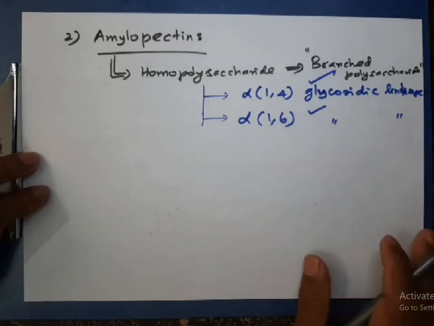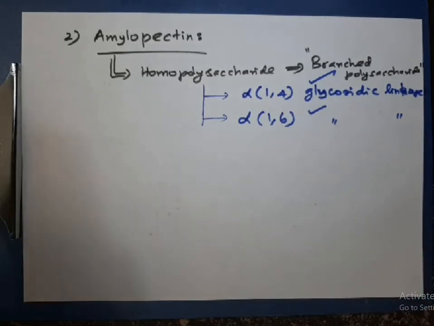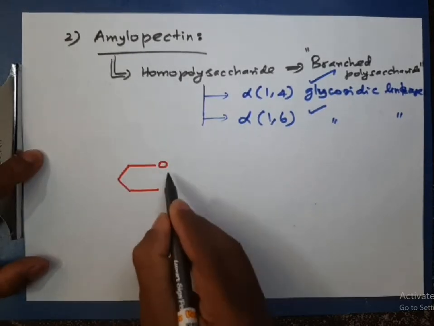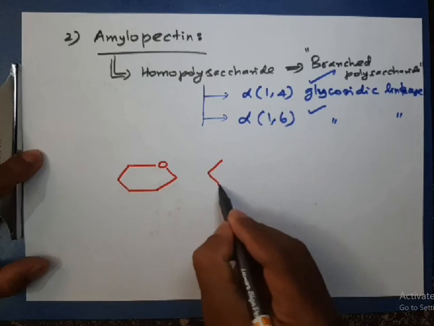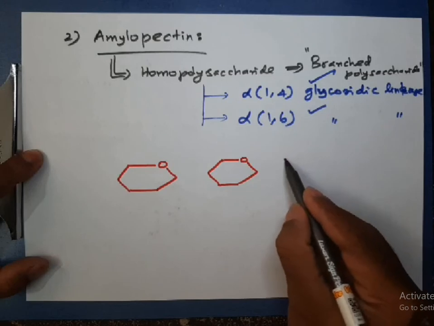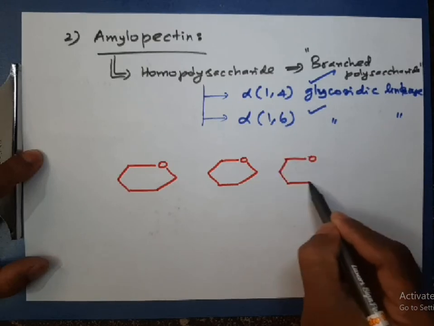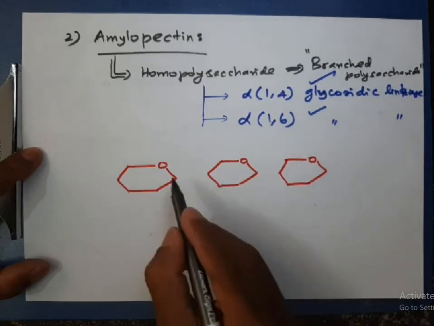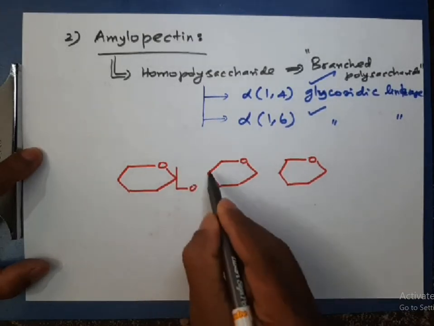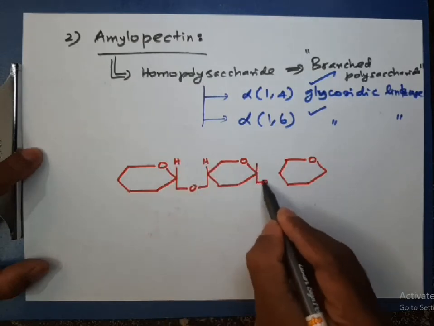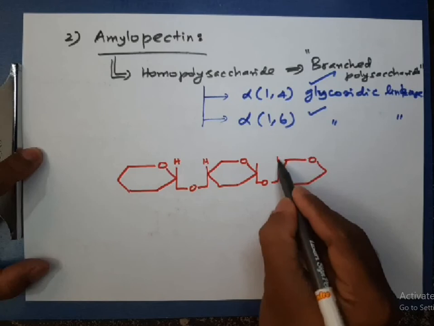It has branching. How? Let me show this here. Listen, let me just draw a few molecules. 1, 2, 3. Between these we have alpha 1,4 glycosidic linkage. Between these we have alpha 1,4 glycosidic linkage.